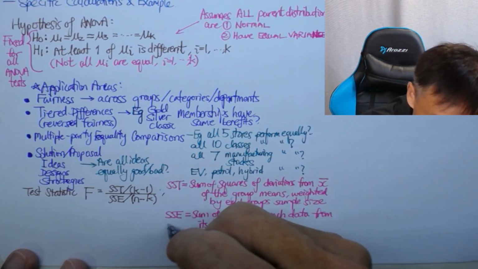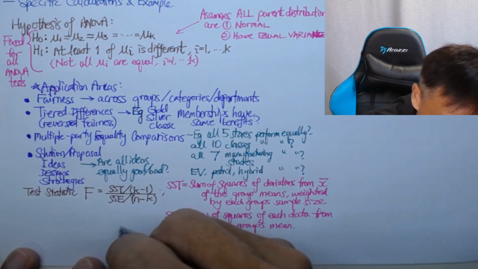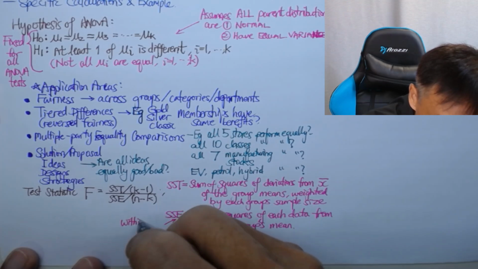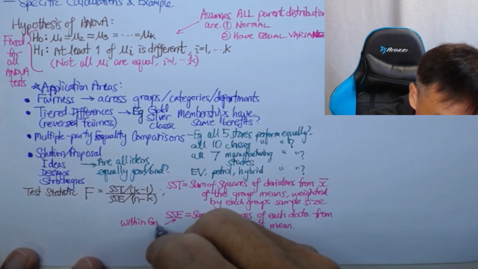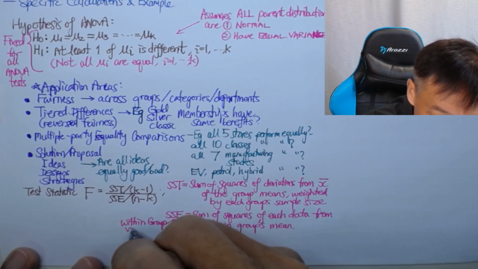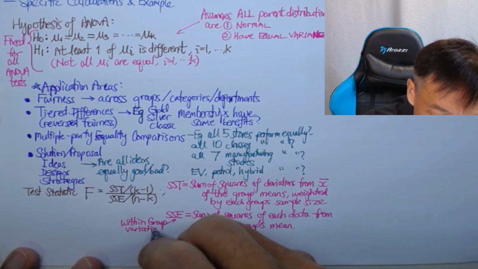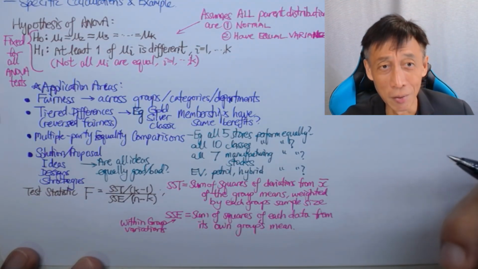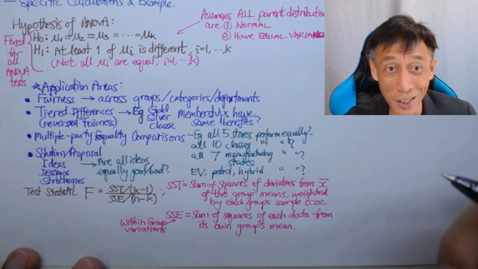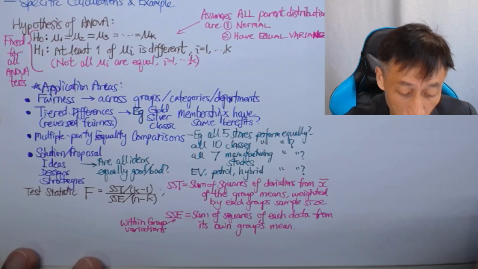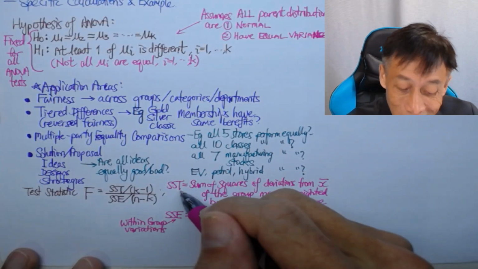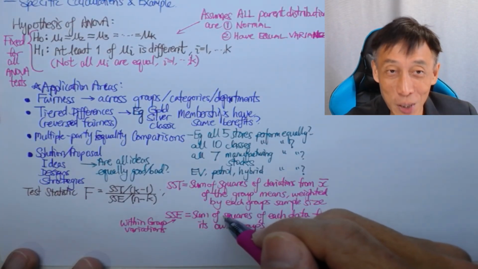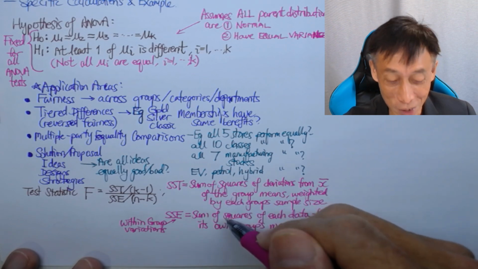That's usually also called the within group variation or variance. So within group variations. The reason why we call it variations is to distinguish it from variance, because variance has a specific formula, right? Divided by n-1 for sample. But we didn't divide, we just sum the squares, which is mathematically easier to deal with.